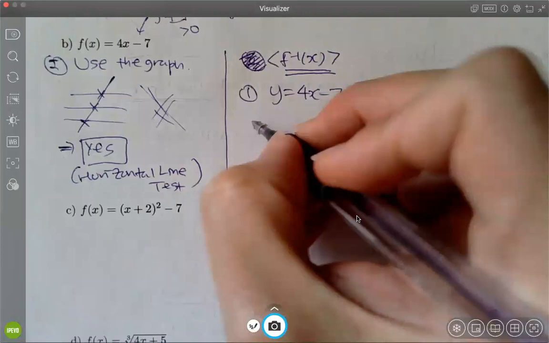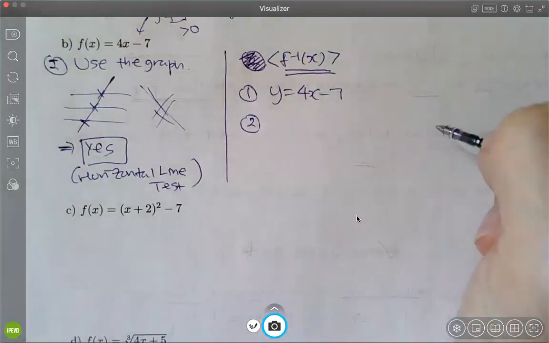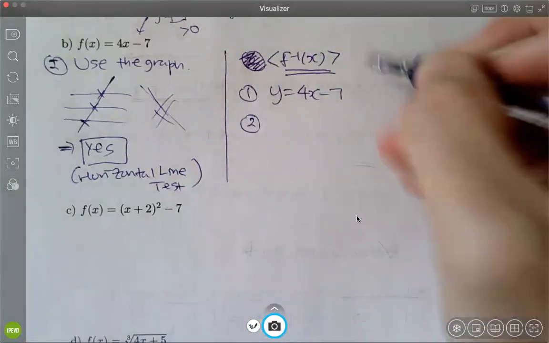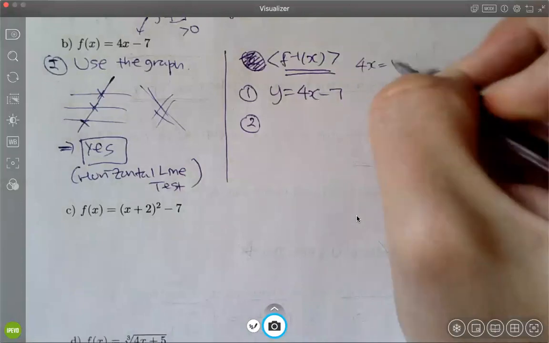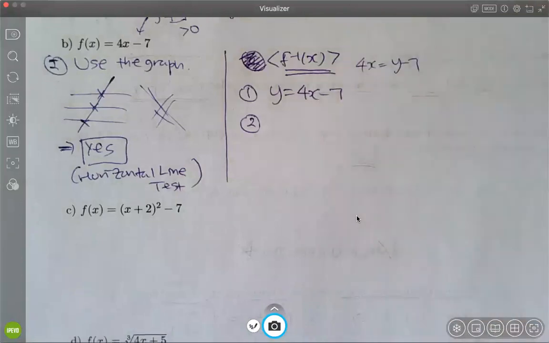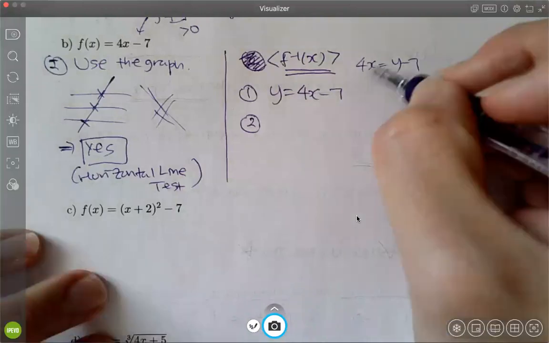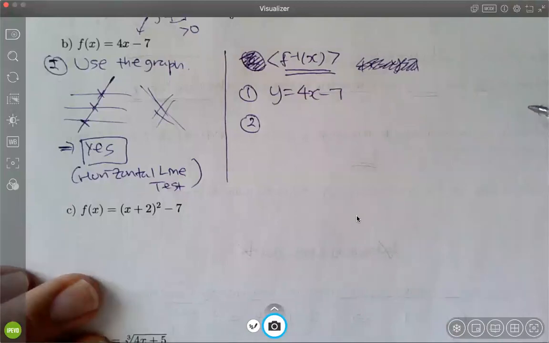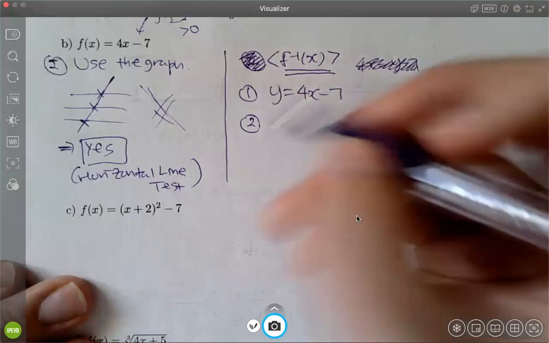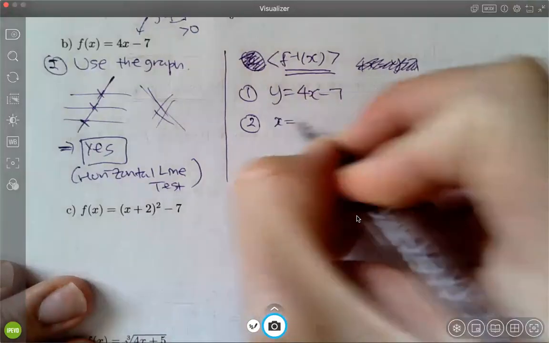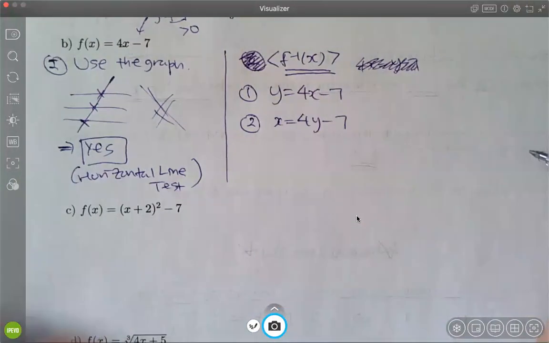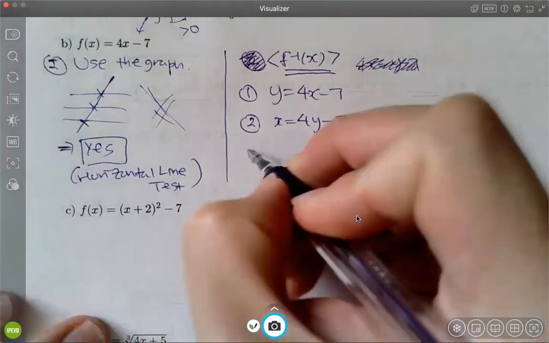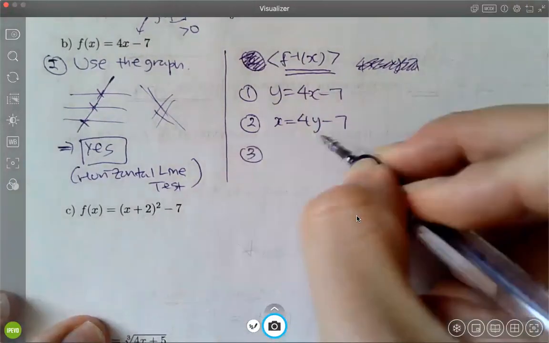Now when people think swap x and y, they tend to write 4x equals y minus 7 like this. But no, you literally swap x and y. Remember what a 5-year-old kid can think of: he or she will just swap x and y like this. You literally swap x and y, and then you isolate y.